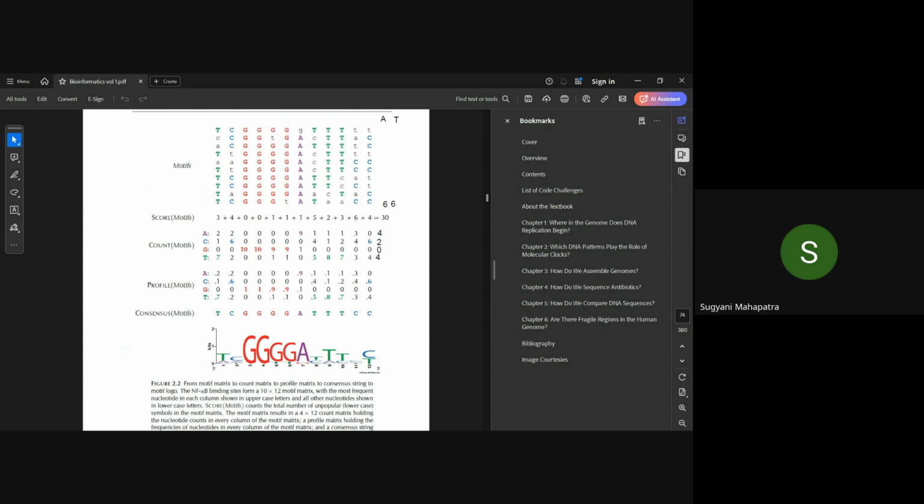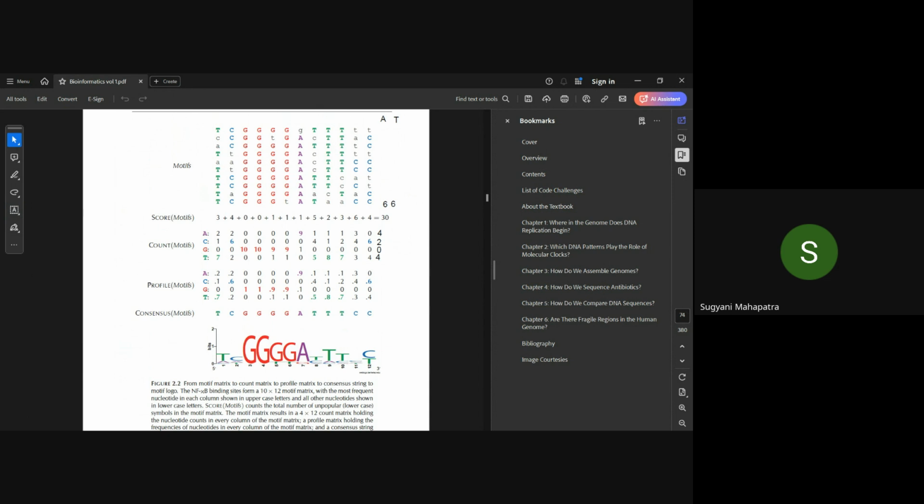Completing the matrix can also be asked, not all the 4 cross 10 values, all 40 values, but some of the missing values at particular positions may be asked.